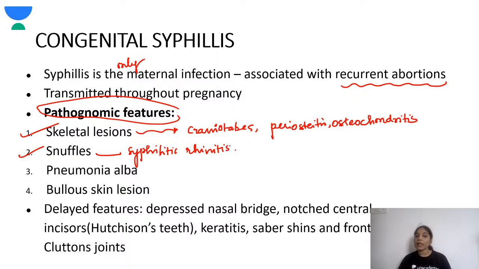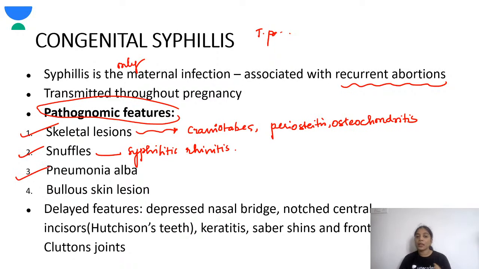Basically these children have a runny nose, and in the secretion there will be Treponema pallidum. Syphilis is caused by Treponema pallidum, right? So the secretion in snuffles will have Treponema pallidum.